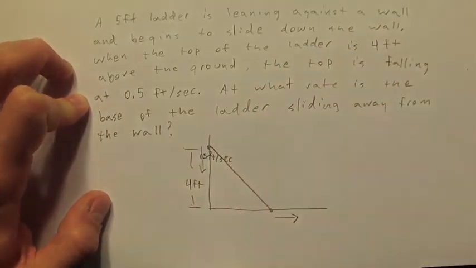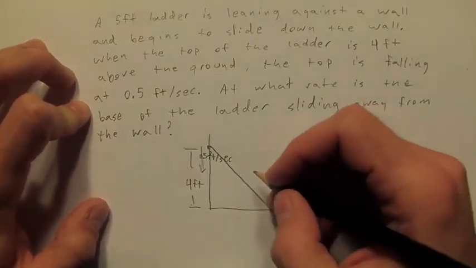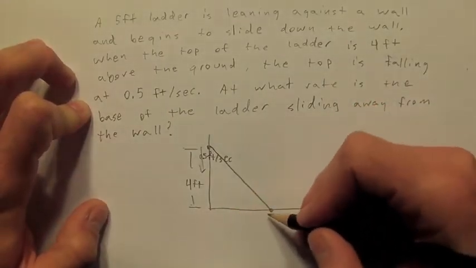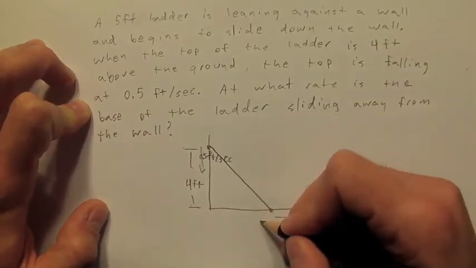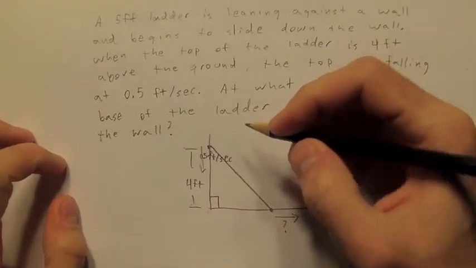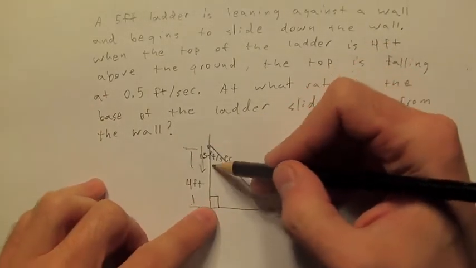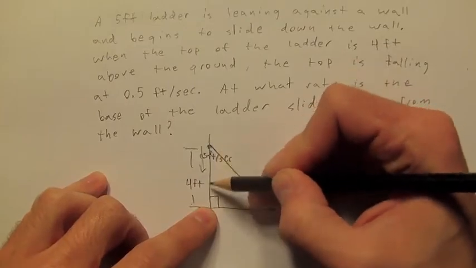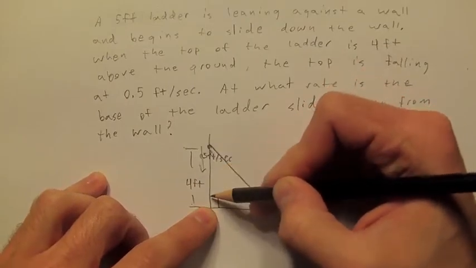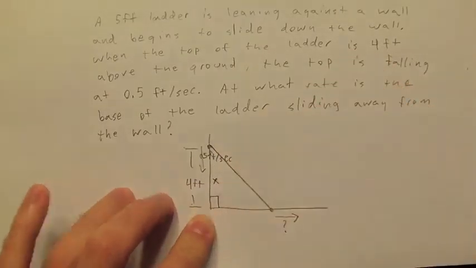Now, at what rate is the base of the ladder sliding away from the wall? This is what we're looking for, this rate. Okay, so here's all the information I'm given. I'm going to put a little bit more in my picture. First of all, let's talk about my variables. The height of the ladder above the ground, I'm going to call x because it's varying over time.